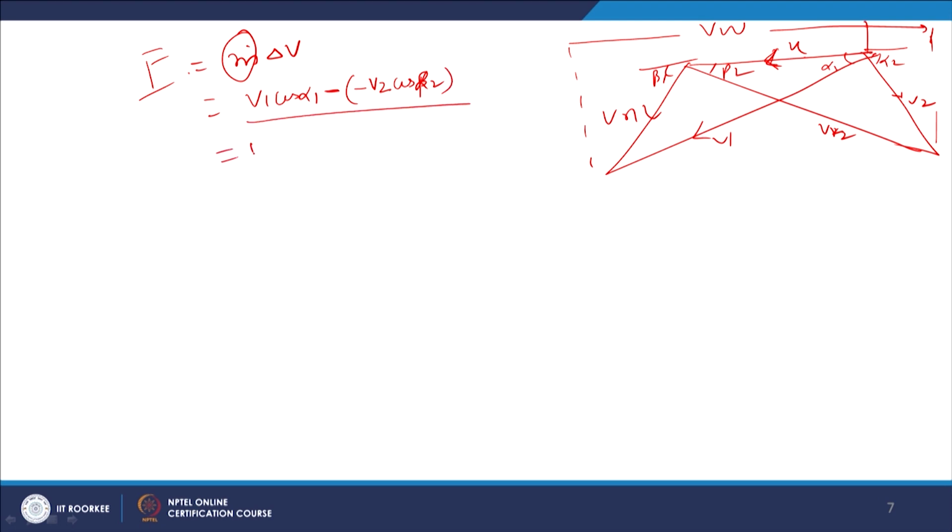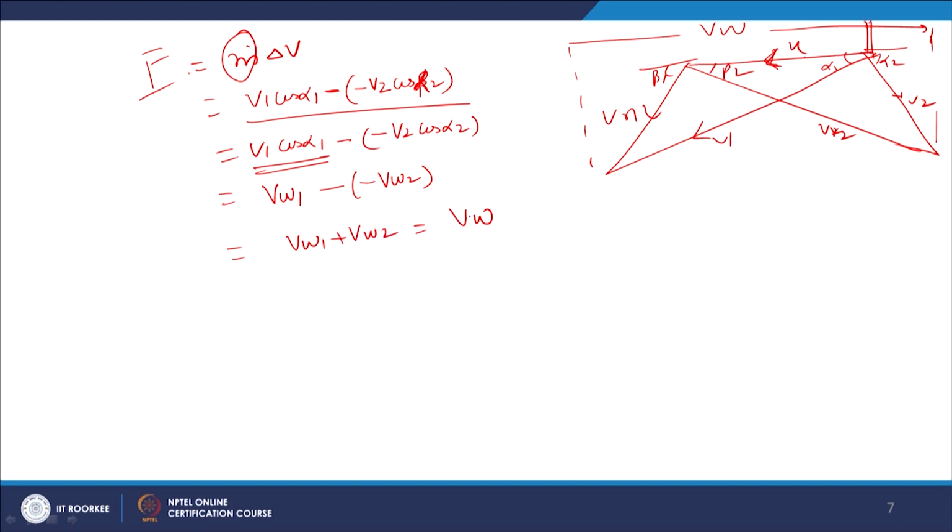So it is going to be V1 cos alpha 1 minus V2 cos alpha 2. Now V1 cos alpha 1 we can say is the whirl component of inlet, and V2 cos alpha 2 is the whirl component of exit. So it is going to be VW1 plus VW2 and that is known as VW.